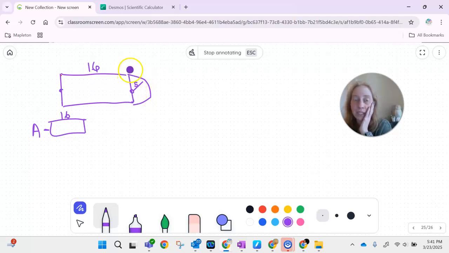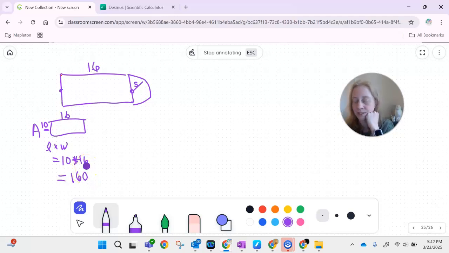What I truly need is the diameter to give me that height of this rectangle. And so I'm going to multiply this by 2. 5 times 2 is 10. And so then length times width is 10 times 16. This is supposed to be a times symbol. Oh, good Lord. Okay, 160.